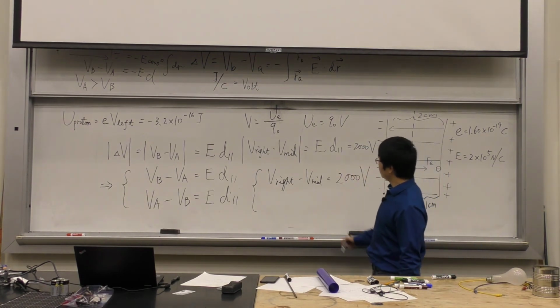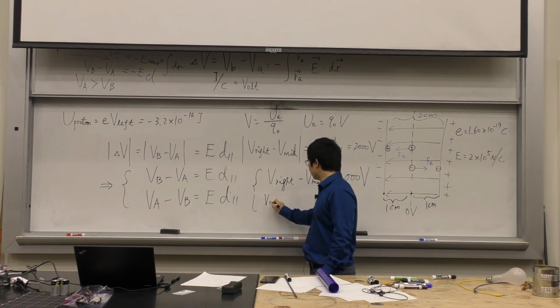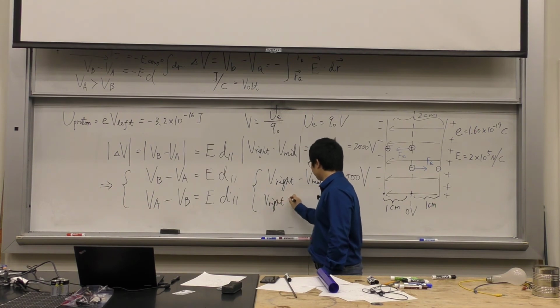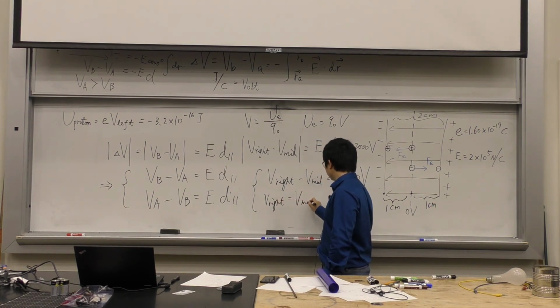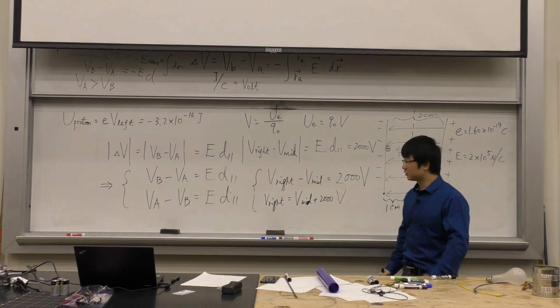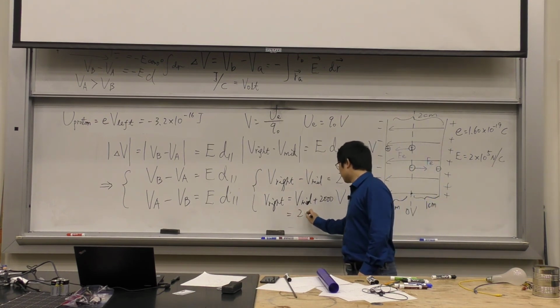Now I'm going to use the reference point you gave me. The right plate is going to have a potential V_middle plus 2000. Tell me this reference point. You tell me it's 0, good, then that's going to be 2000.